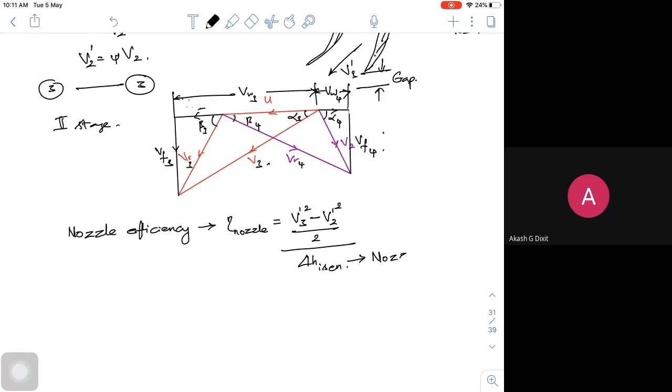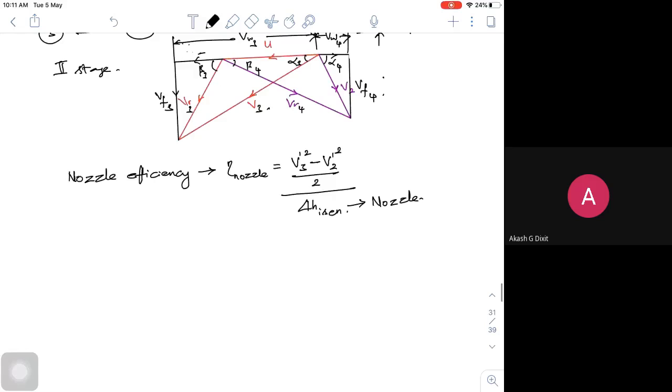So if I want to generalize it, I can write that the fluid exits at velocity V exit, so we can call this V exit square minus V entry square, divided by 2 times your isentropic enthalpy drop.